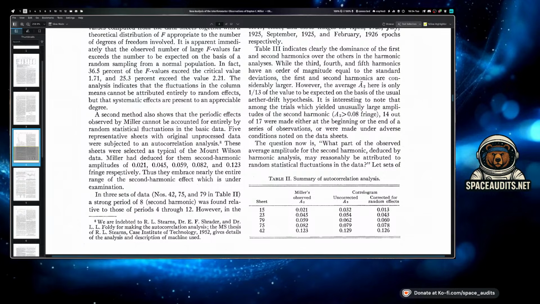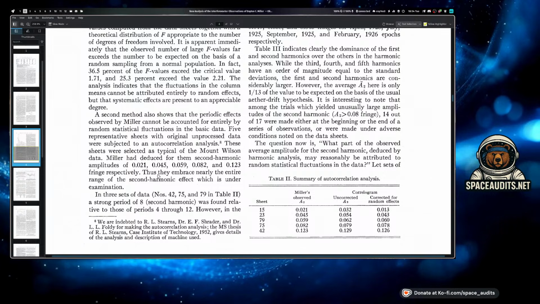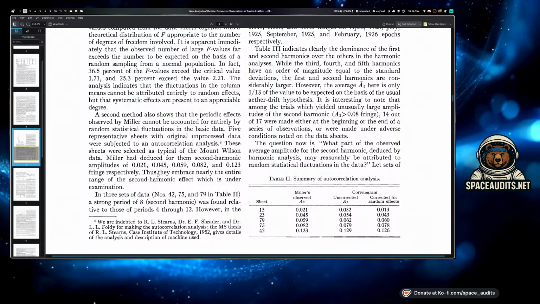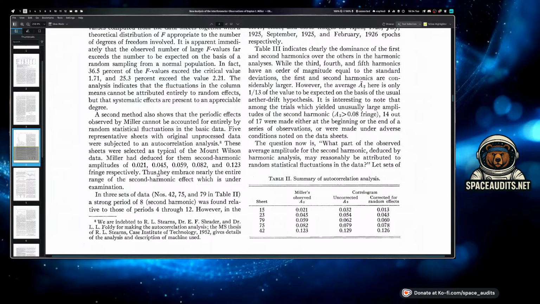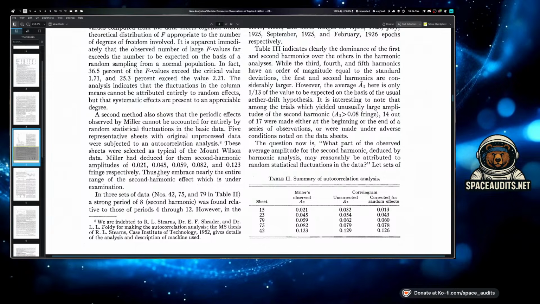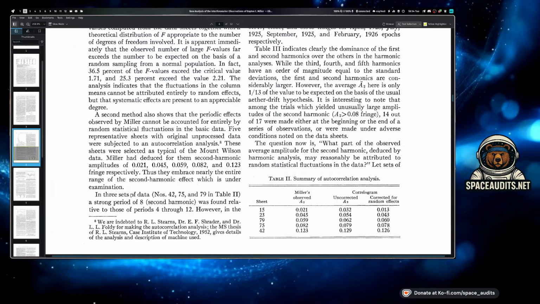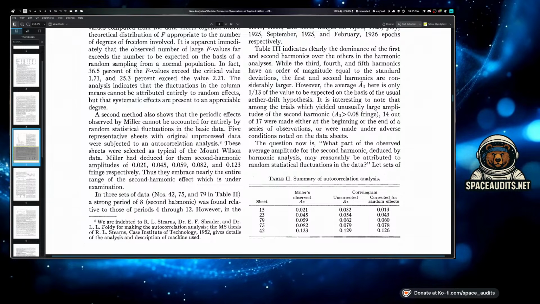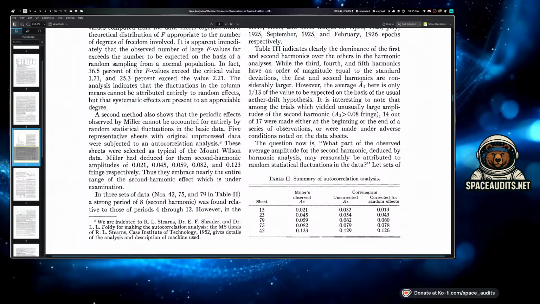In the three data sets, numbers 42, 75, and 79 in Table 2, a strong period of 8 second harmonics was found relative to periods 4 through 12.